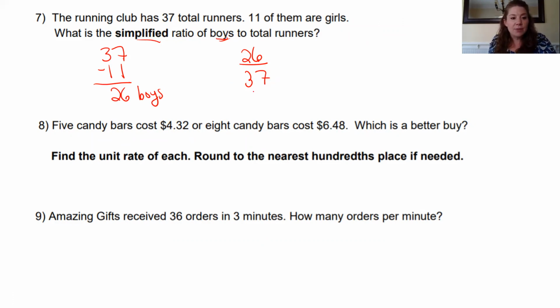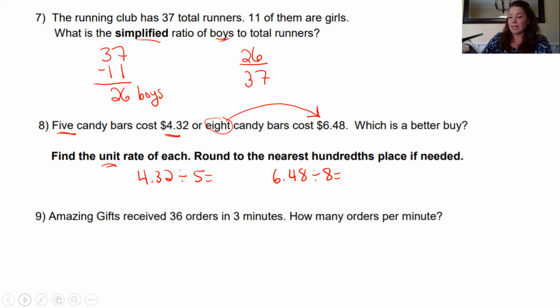All right, number 8, we have to find the unit rate. So I could buy 5 candy bars for that much money, or 8 candy bars for that much money. We want to find the unit rate, right? So we're going to divide 4.32 by 5. And here we're going to divide 6.4 by 8. It's always money divided by quantity.